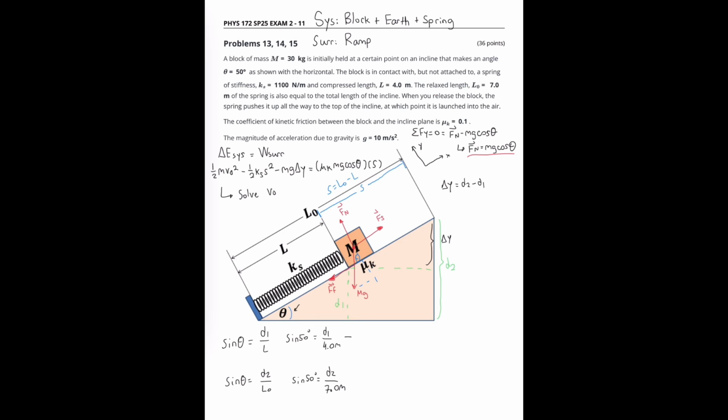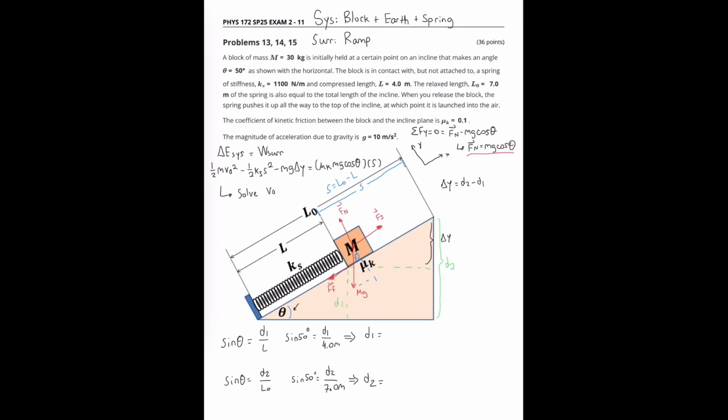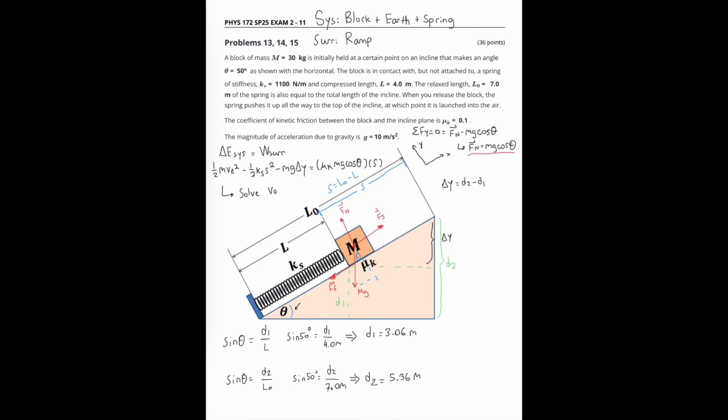We can rearrange that to get our d1 and d2 values, which end up being 3.06 and 5.36 meters for d1 and d2 respectively. So we get that our change of y, delta y, is equal to 2.3 meters.